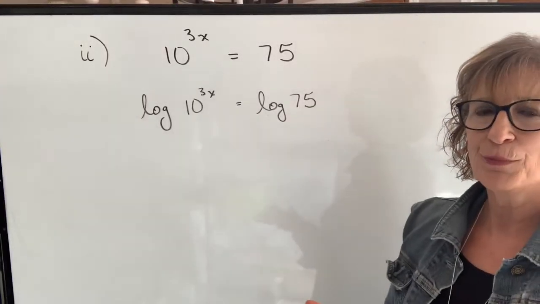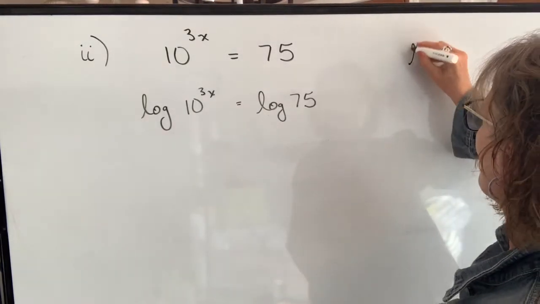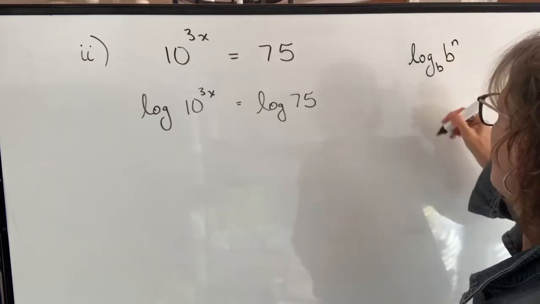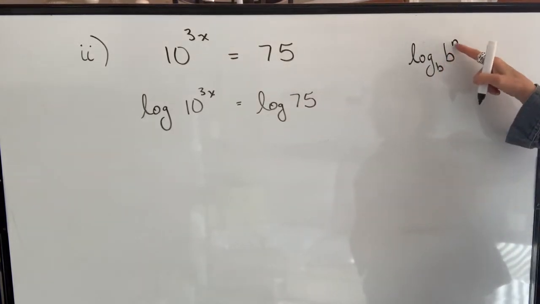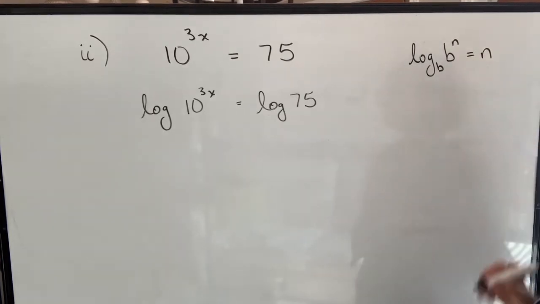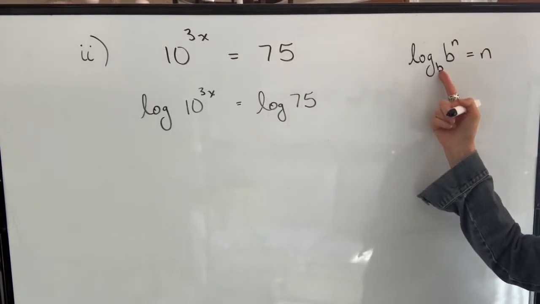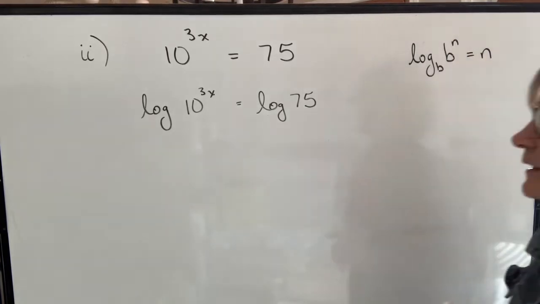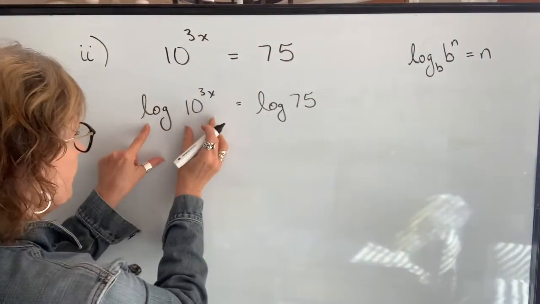You may or may not remember, one of our properties of logs says that if we have the log of b to the n and our base is b, that will simply be equal to n. Because we're saying what must b be raised to equal b to the n? Well, it must be raised to the nth power. That's what we're dealing with here.